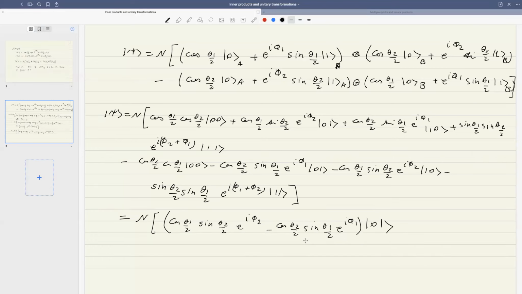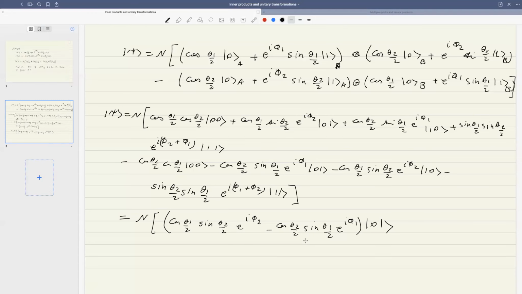And then for 1, 0, what we're going to get is, well, let's write it. It's going to be plus cosine theta 2 over 2, sine theta 1 over 2, e to the I phi 1, minus cosine theta 1 over 2, sine theta 2 over 2, e to the I phi 2.